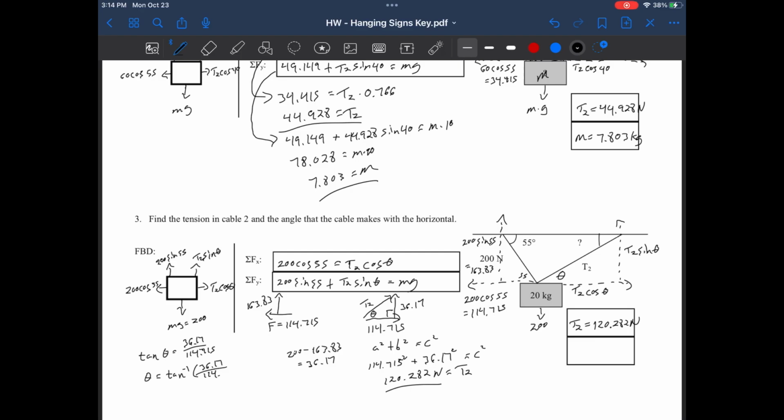So theta is the inverse tangent of those two divided. Second tan of 36.17 divided by 114.715 equals 17.5 degrees. Put that in the answer box, and that concludes that worksheet.